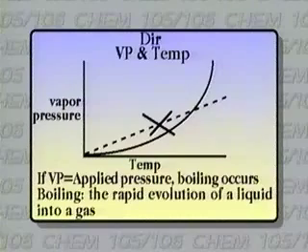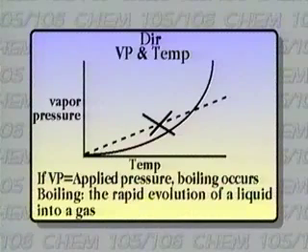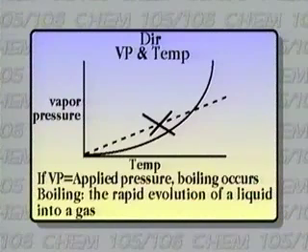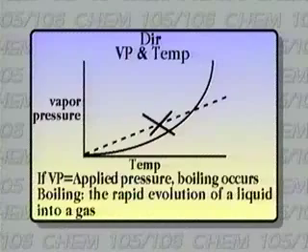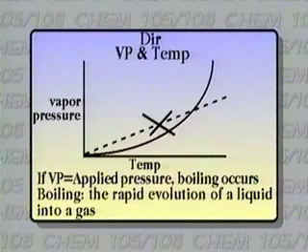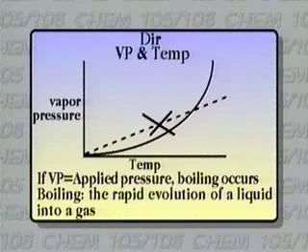It's not a linear relationship, it's an exponential relationship. So as temperature goes up, it starts out changing very slowly, but then vapor pressure begins to rise very rapidly. And we can further state that the vapor pressure of a liquid increases with temperature. So in other words, there is a direct relationship between the two.